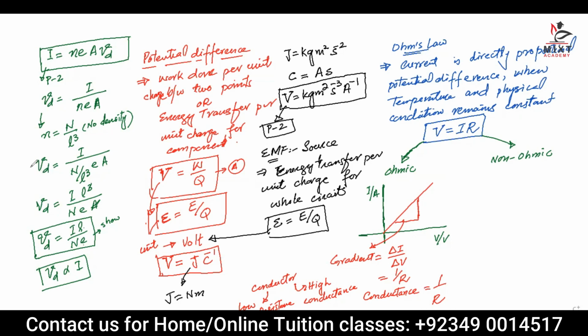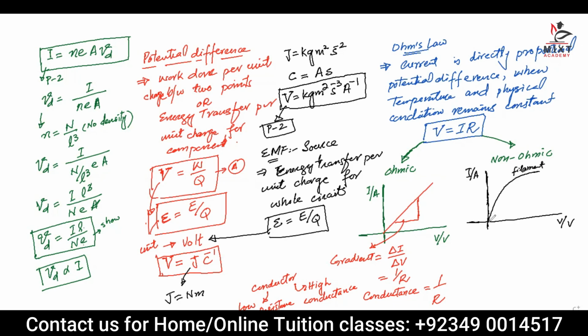Now, non-ohmic substances. There are three substances in your courses which are non-ohmic. What are those? Filament lamp, diode, and thermistor. Exactly. So one is the filament, and the filament graph is like that.